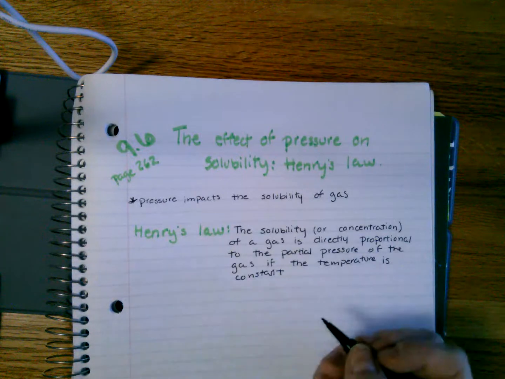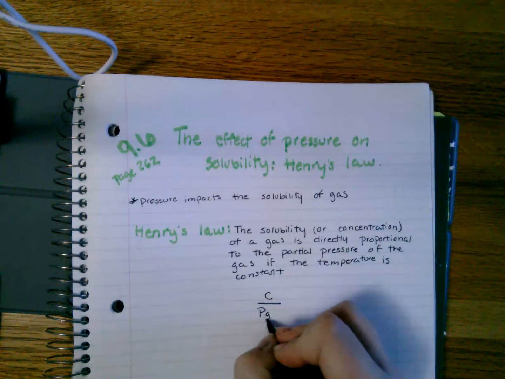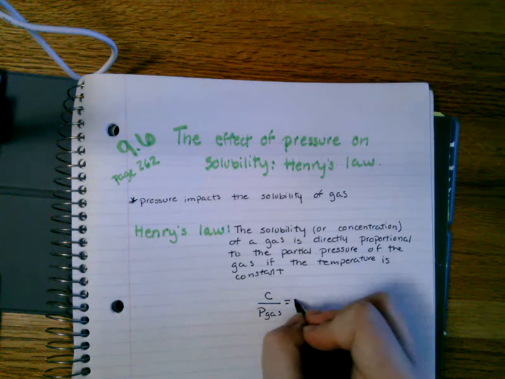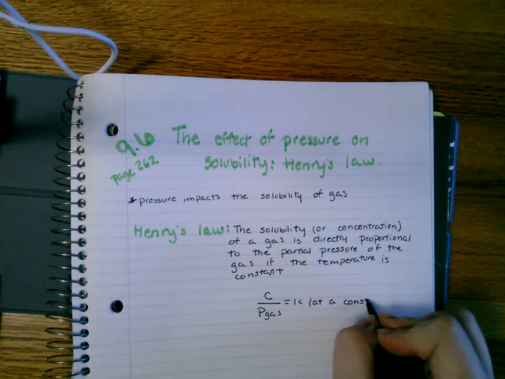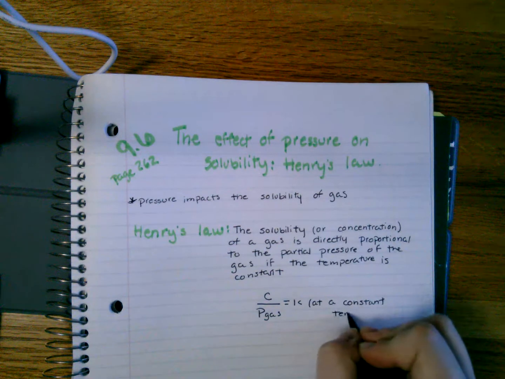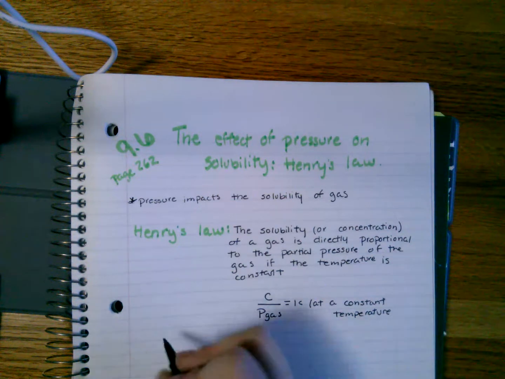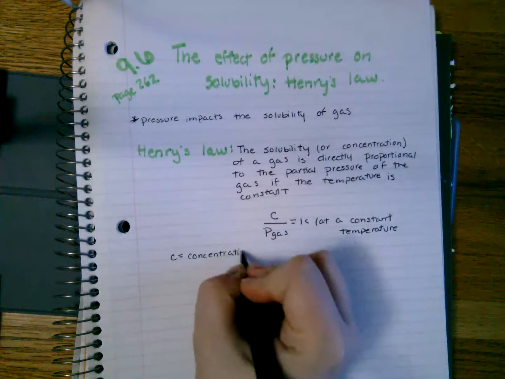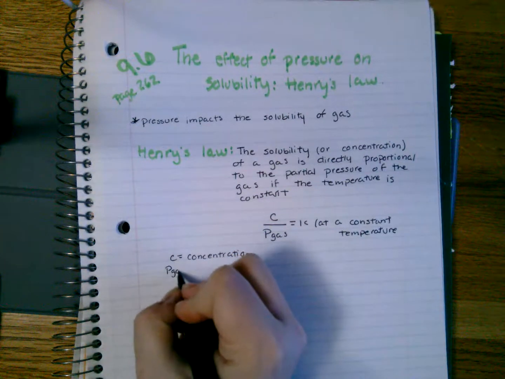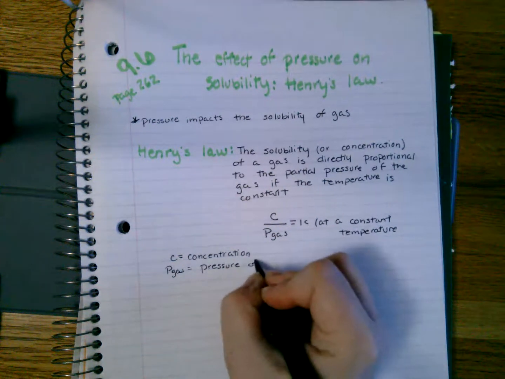So the equation for this is going to be C over P gas equals K at a constant temperature. So C is going to be equal to concentration, P gas is the pressure of a gas.